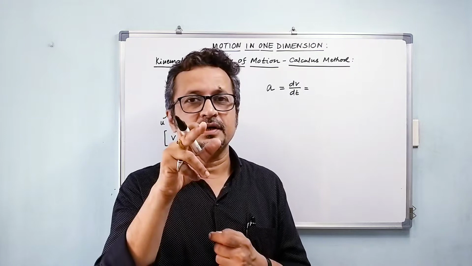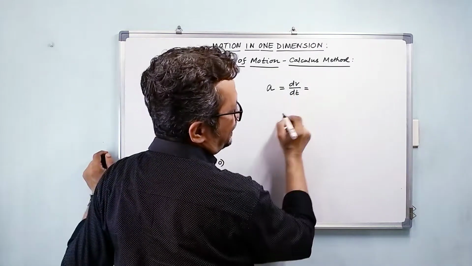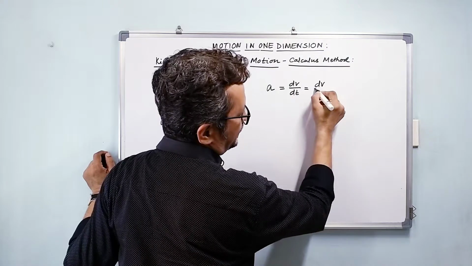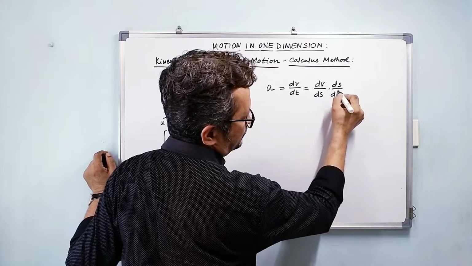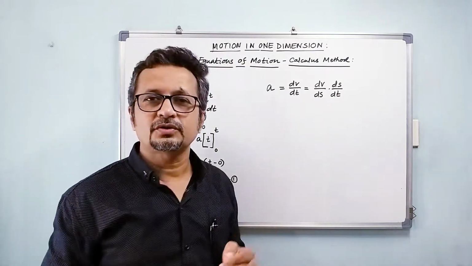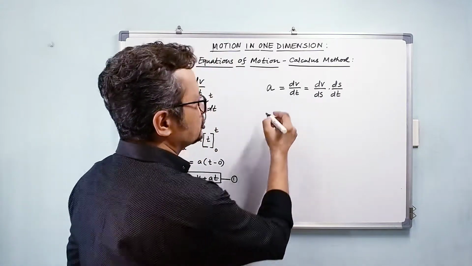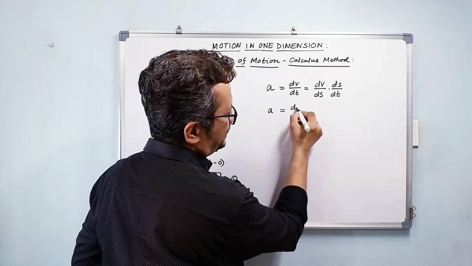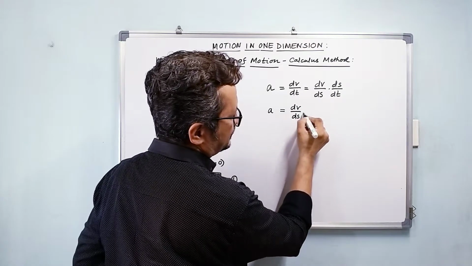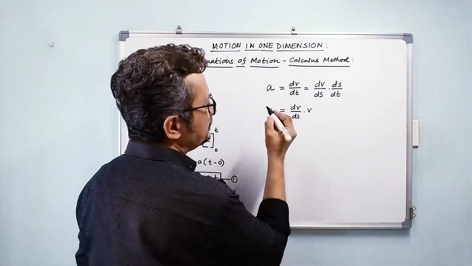I'll be giving the link in the description. So I write dv by dt as dv by ds into ds by dt. What is ds by dt? Is it not my velocity? So a is equal to dv by ds into v.